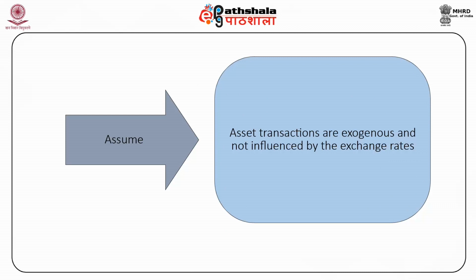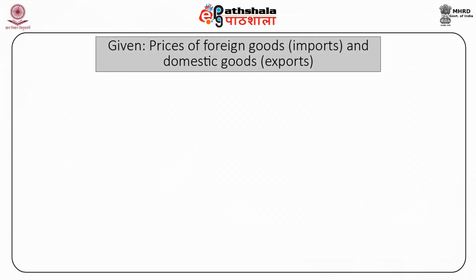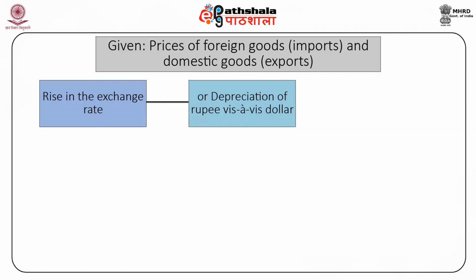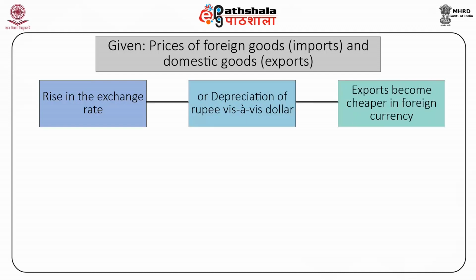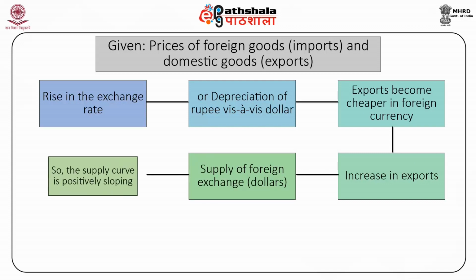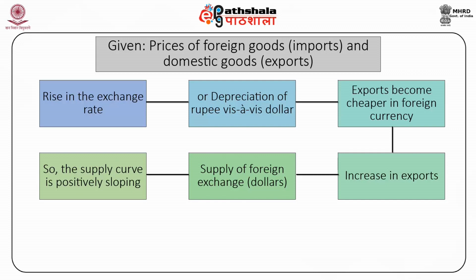In such cases, the slope of demand and supply curves may be understood as follows. Given the prices of foreign goods, imports, and domestic goods, exports, when there is a rise in the exchange rate or the depreciation of the rupee vis-a-vis the dollar, exports become cheaper in foreign currency. This leads to an increase in exports and hence an increase in export earnings or supply of foreign exchange. So, the supply curve is positively sloping.